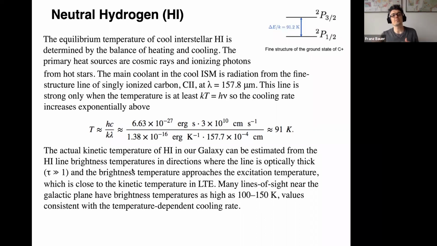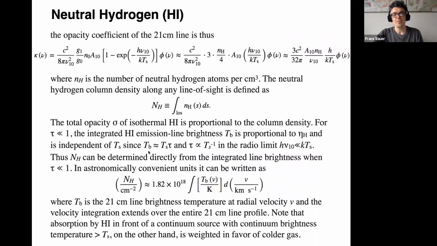And so typically we can measure the actual kinetic temperature of neutral hydrogen in the galaxy using the hydrogen line brightness. In the places where it's optically thick, going back here, T_B is actually going to be related to T_S, because we're only seeing the outer edge of this material.